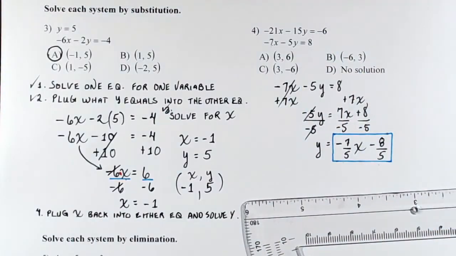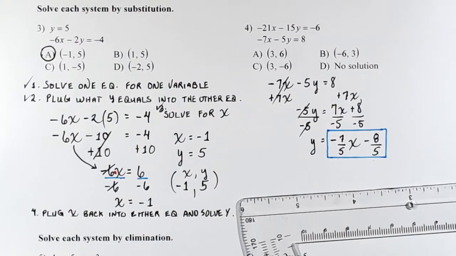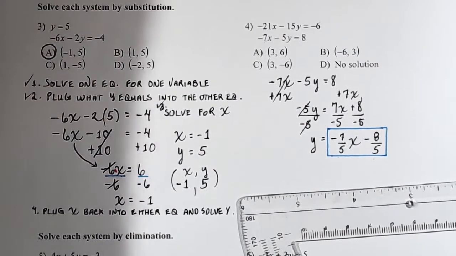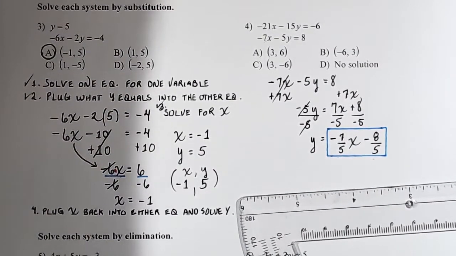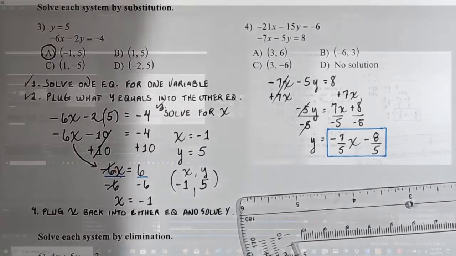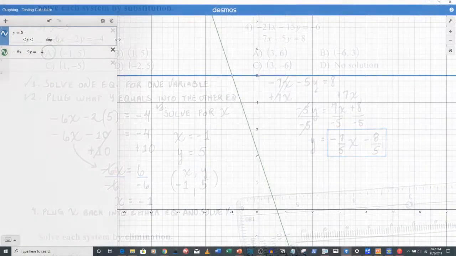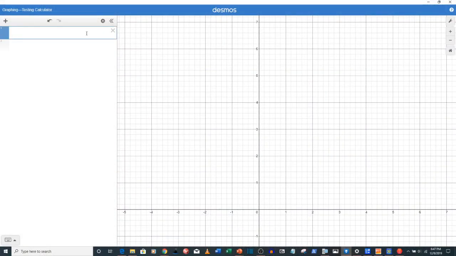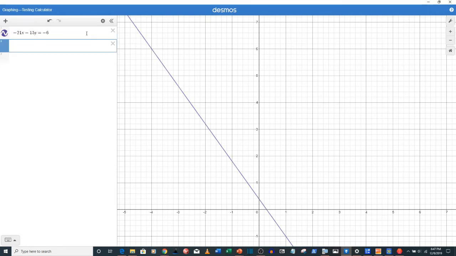Okay, you can do this, all right? You can do this. If you want to know what you're looking for, you can go to Desmos just to ease your anxiety about working with the fractions, and you can type in negative 21x minus 15y equals negative 6, and negative 7x minus 5y equals 8.